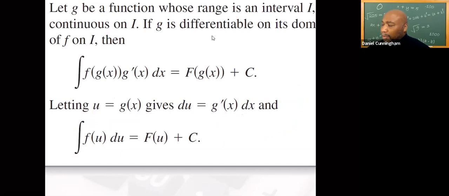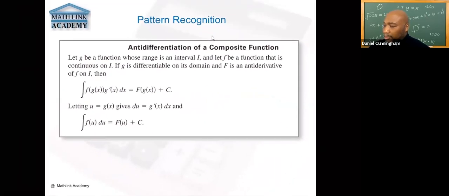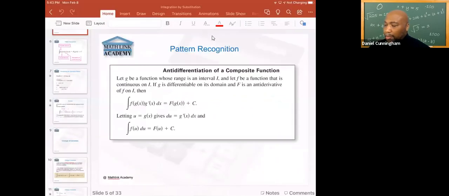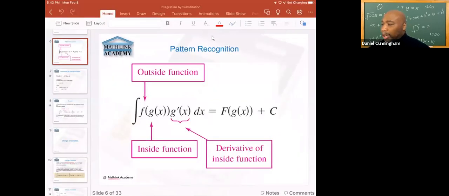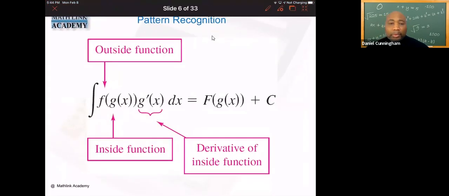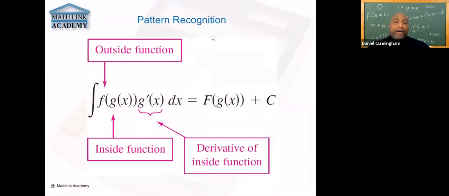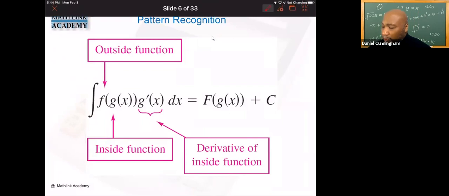So let me try to give you a bigger picture of what I'm saying here. Our outside function is f. Our inside function is g. The derivative of the inside function is g prime of x, and this is all in the original problem here.